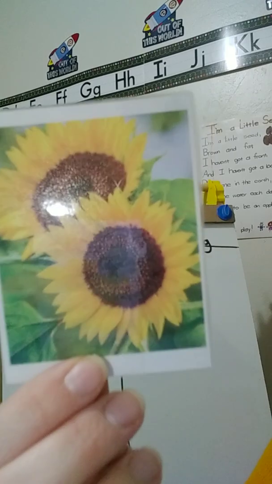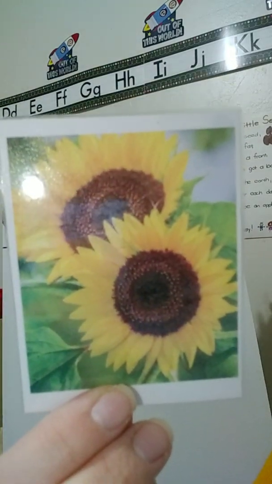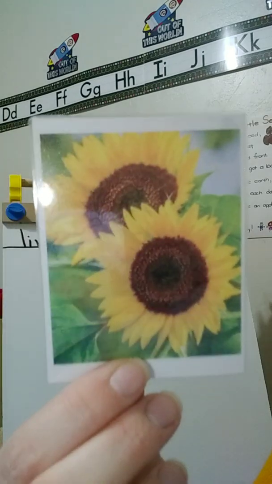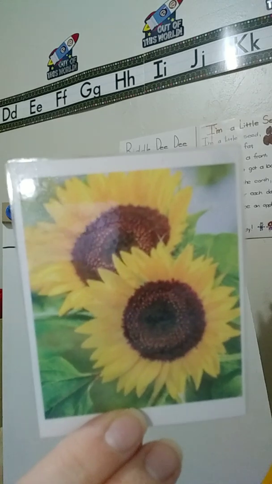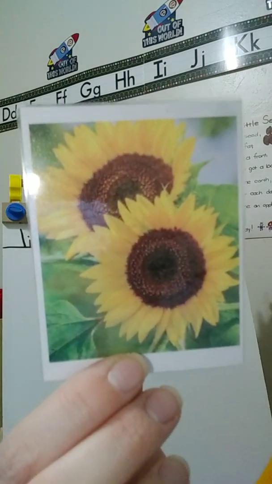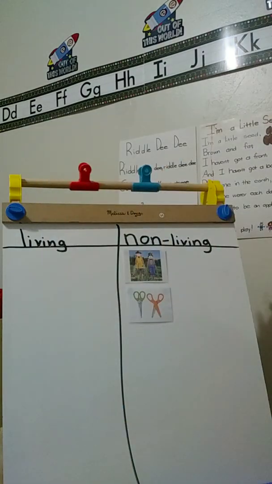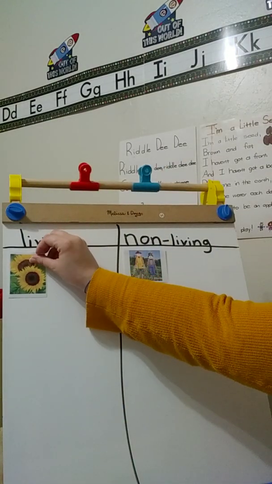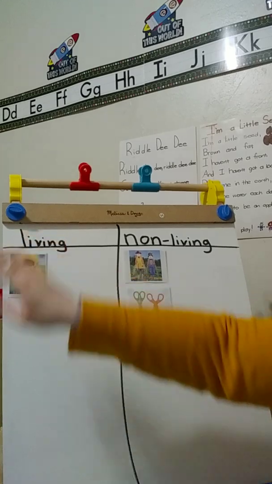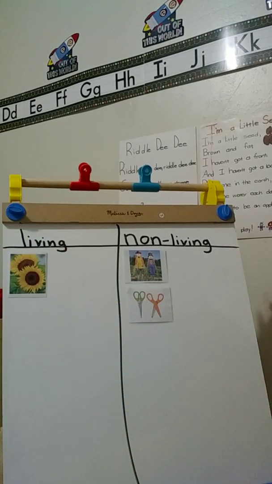Now let's look at this. These are sunflowers. Look how beautiful they are. They need food in order to grow. They need sunlight, water. Do you see? And it has emotions as well. It's a living thing. Let's see something else.